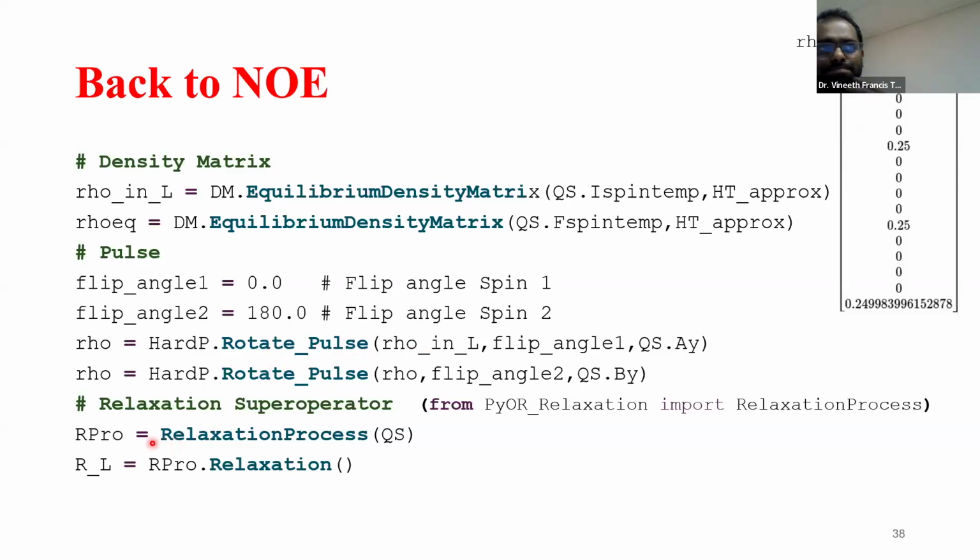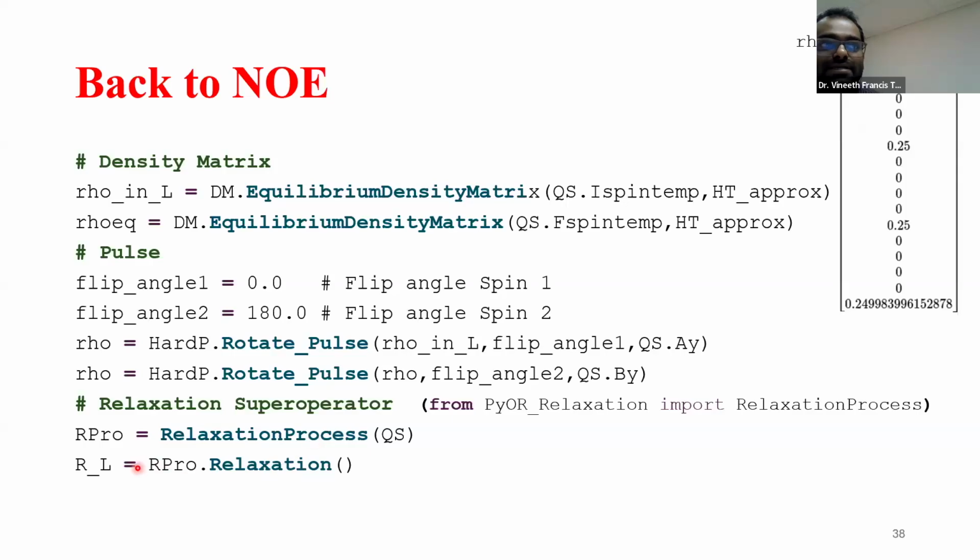And now you want to create the relaxation superoperator. If you see in the previous example, you did not show any relaxation operators, because it is done internally. PyOR will internally compute the relaxation, so you don't have to bother about it.